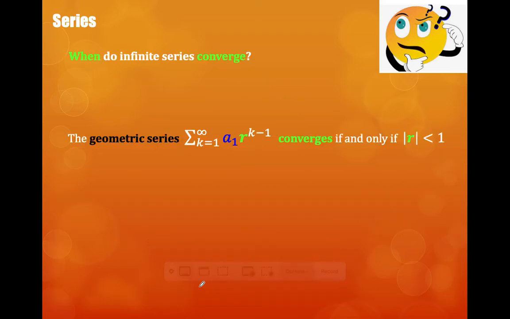So I would really like to know when a series converges. A geometric series will converge. I'm just giving you a fact. Write this down.